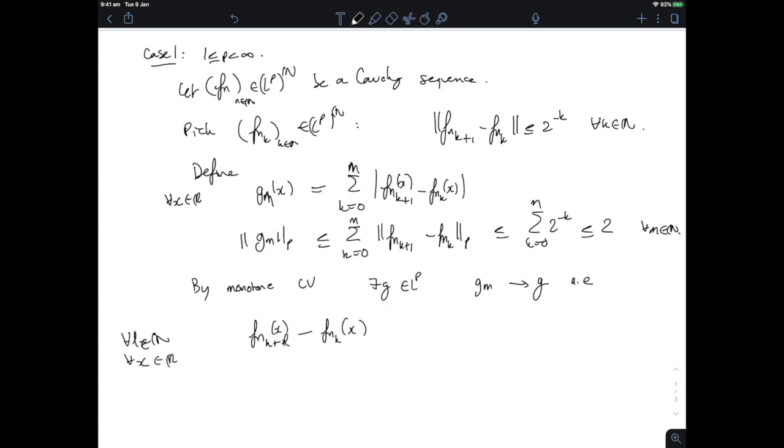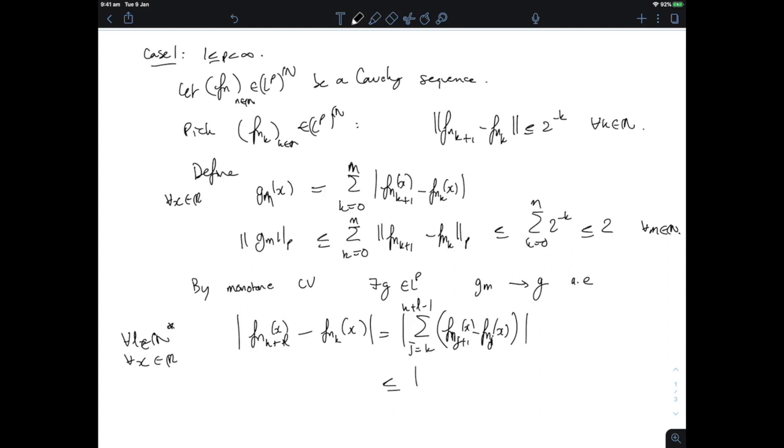I can say that this is the sum of f_{n_{j+1}} minus f_{n_j} of x, just by telescoping, j running from k to k plus L minus 1. So this is this telescoping sum. In absolute value, it has to be smaller than the sum of the absolute values by triangle inequality.